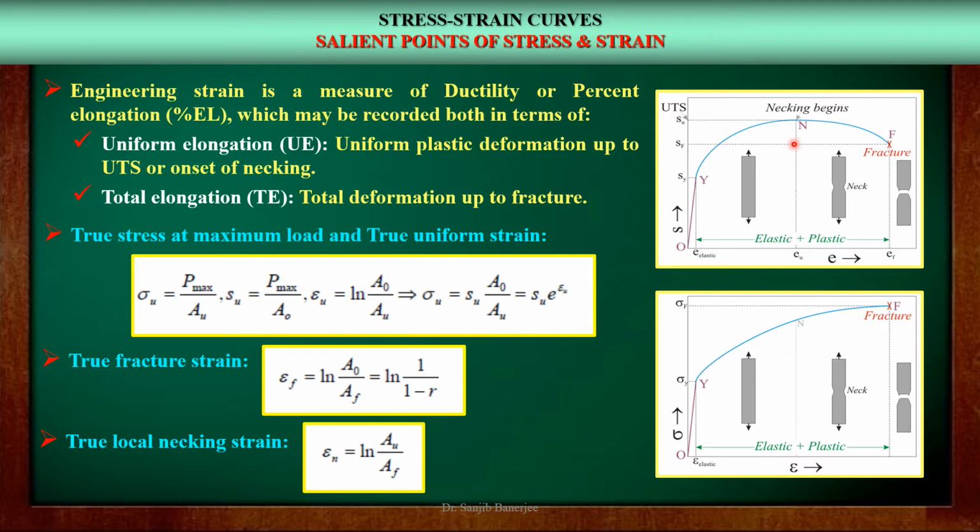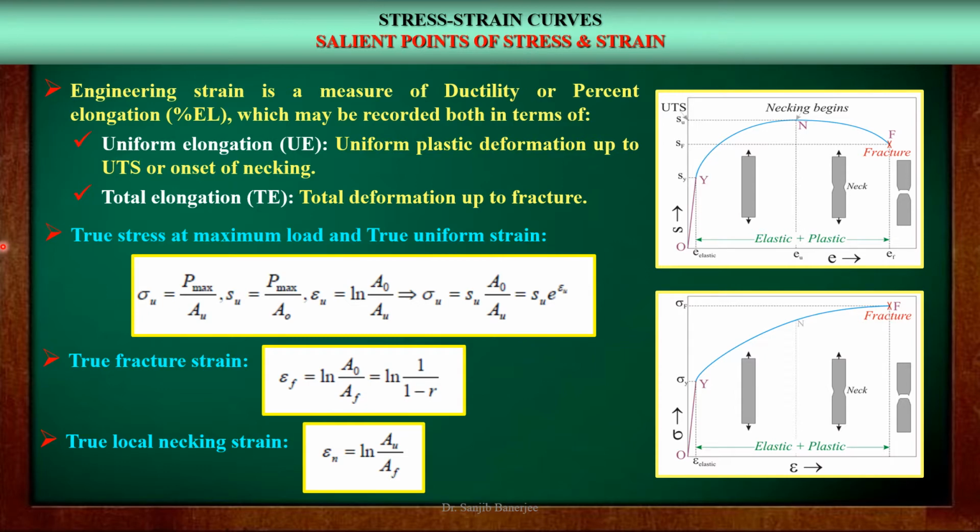Here the engineering stress is the ultimate tensile strength or UTS, which is equal to Pmax divided by A naught, and the true stress, that is sigma u, which is the true stress at maximum load, is equal to Pmax by AU.